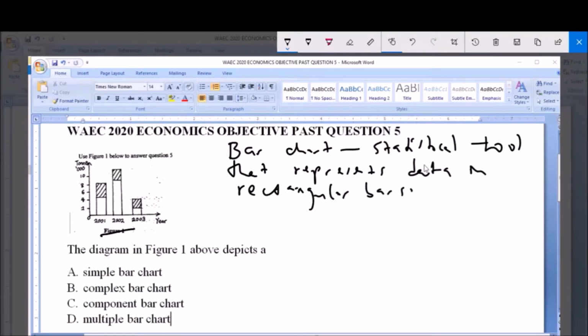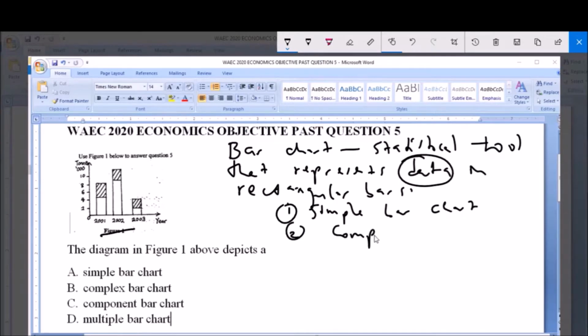Now, the data given to you determines what kind of bar chart you use. Now, there are three kinds of bar charts. You have the simple bar charts, you have the component bar charts, and the multiple bar charts.